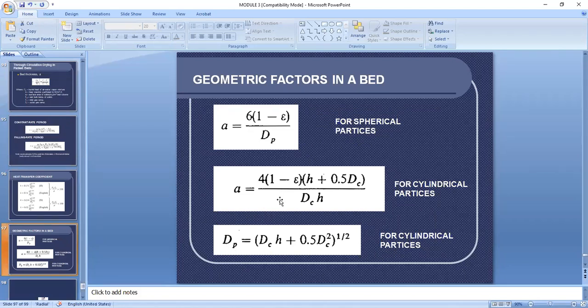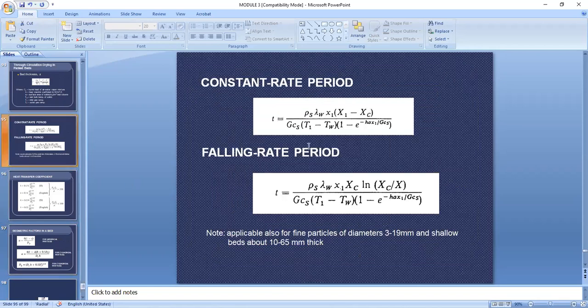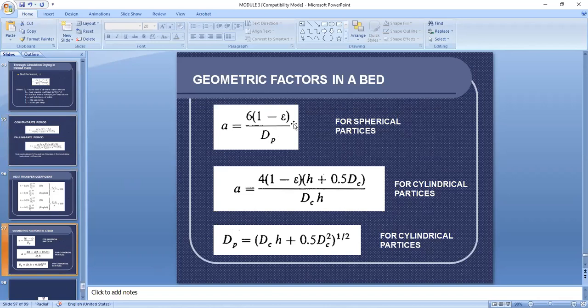So there's a need for you to first determine this based on the given information before you can go to this one, to determine the drying time. Some of the parameters here I can remember. This one is the void fraction. This one is the heat transfer coefficient, of course. This one is the diameter of the cylindrical particles. The rest that I haven't mentioned, please look up in Geankoplis as to what they represent.